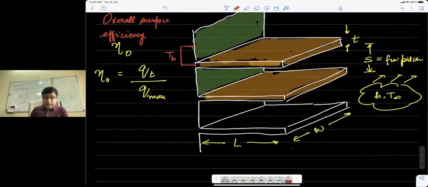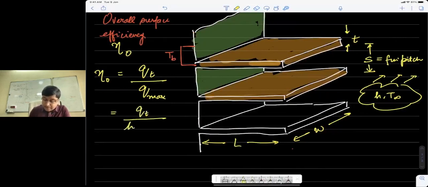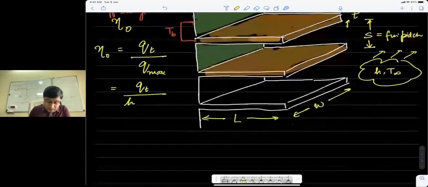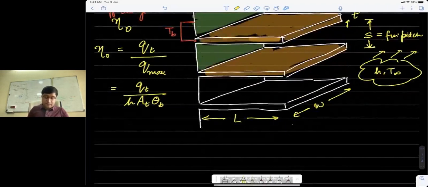So both surfaces are at the same temperature, except in the case of the fin, T_b is the base temperature, and because of conduction, the temperature decreases along the length of the fin, but the base is still at the same temperature. So I can define eta naught to be q_t divided by h, as I'm assuming h is always the same, times the total area, which is the base and the fin combined, times the temperature difference, which is theta_b.